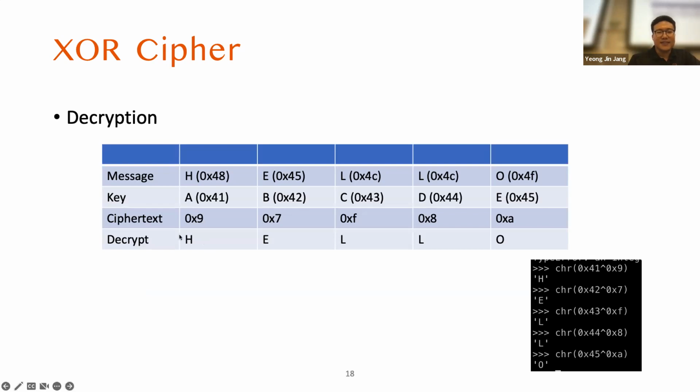So the ciphertext is 0x9, and if we know the key, the first byte of the key is 41, so we just apply the XOR again to the ciphertext with the key.